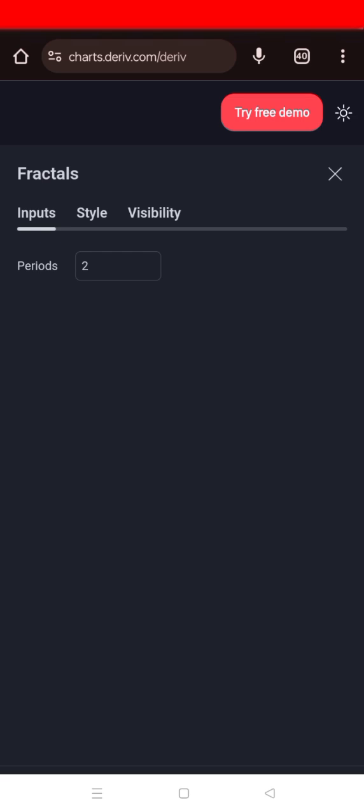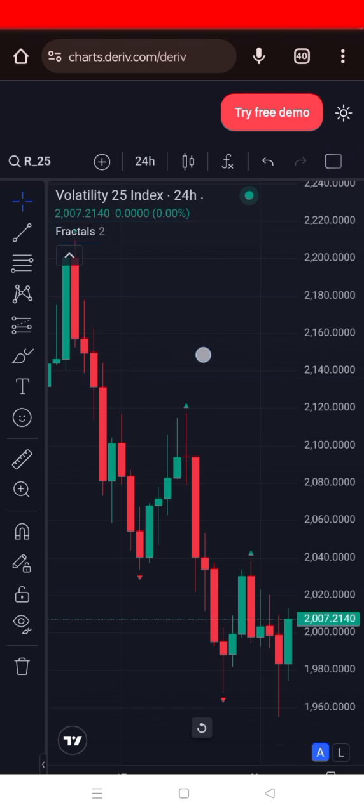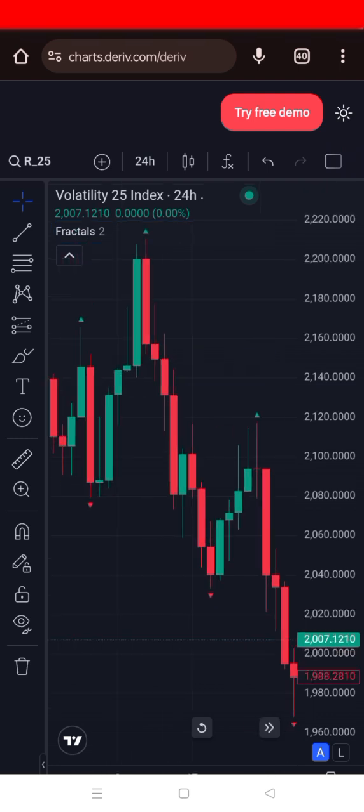Period 2 is a shorter period, and it's more responsive to minor price fluctuations.